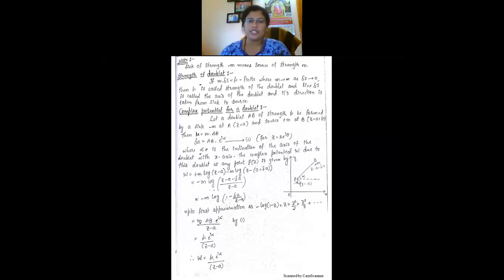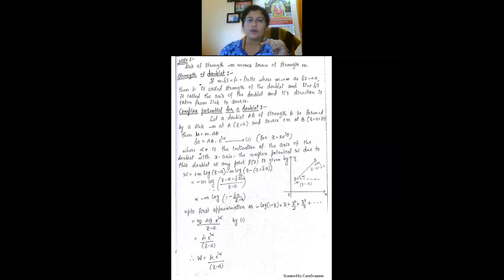Here it becomes m log Z when it is placed at the origin, then you write only Z. But here the point is mentioned, Z equal to A. So it becomes Z minus A.